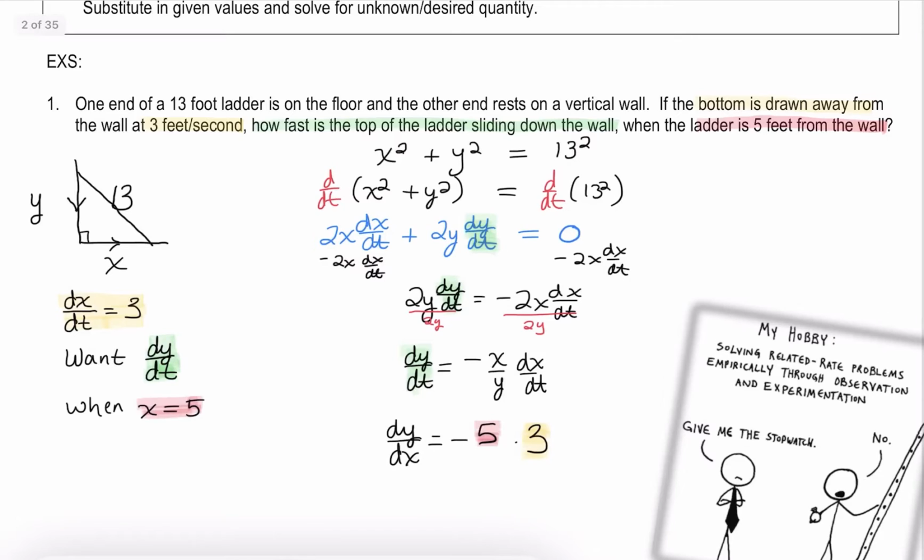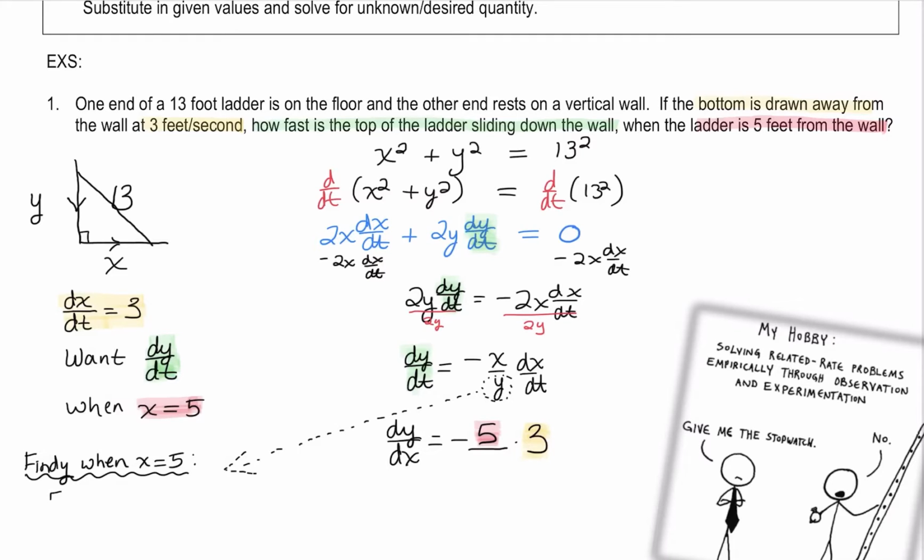Now, the divided by y, I don't have y. So this is going to be one of those situations where we need to go off to the side in order to find the y. But again, at the instant that we're interested in, right up above, it's when x equals 5. So we just have to find the corresponding y variable. And we're just using the Pythagorean theorem here.